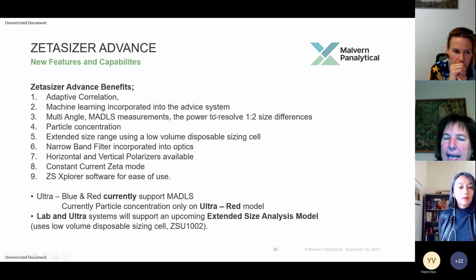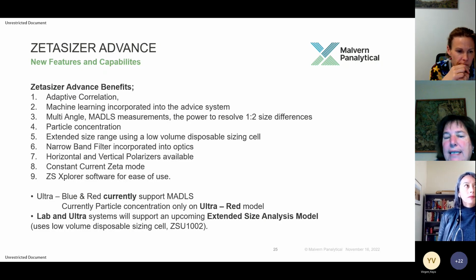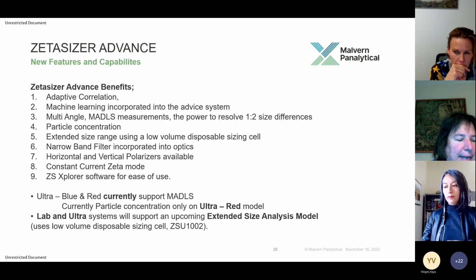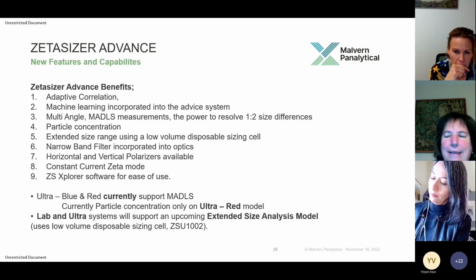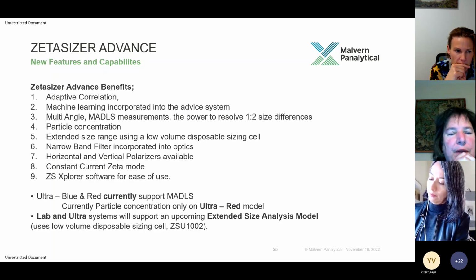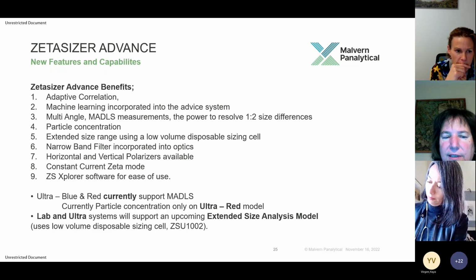There are these multi-angle dynamic light scattering measurements, and that will resolve size differences of 1 to 2. Historically, dynamic light scattering is very sensitive, but it's not very resolving. You need a 1 to 3 difference in sizes to have a baseline resolved distribution. The new instruments can do particle concentration based on that MADLS measurement.